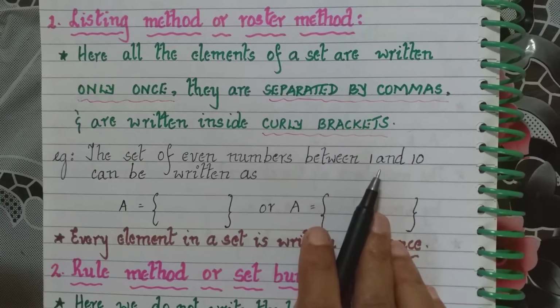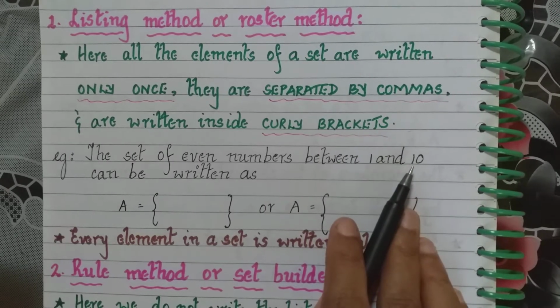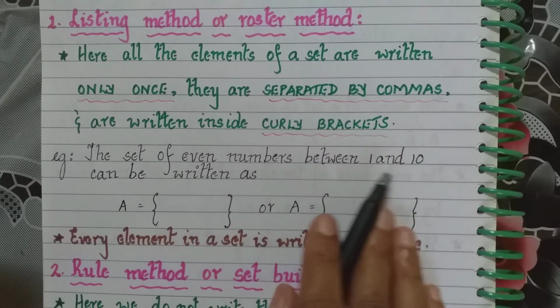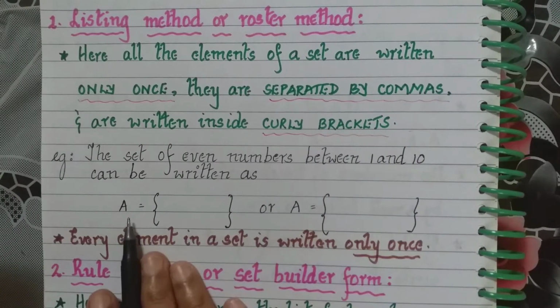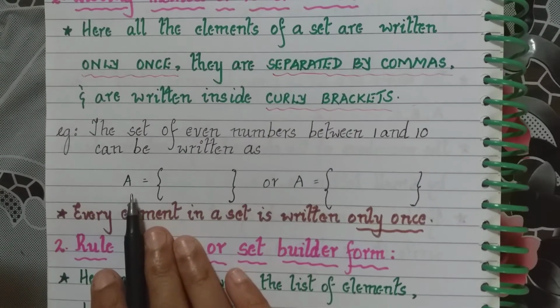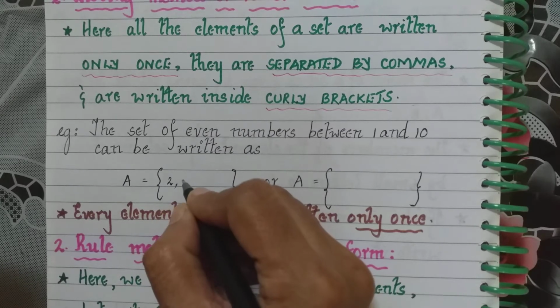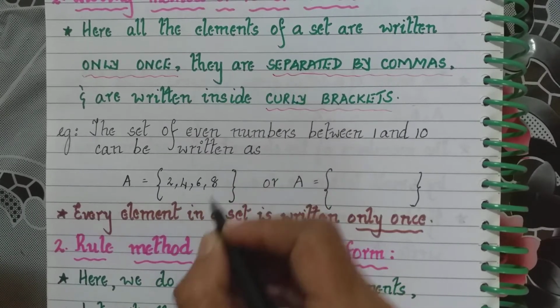So we have 2, then 4, 6 and 8. We don't include 10 because they have said between 1 and 10. So just 2, 4, 6 and 8 come over here. So set A will contain the elements 2, 4, 6 and 8.